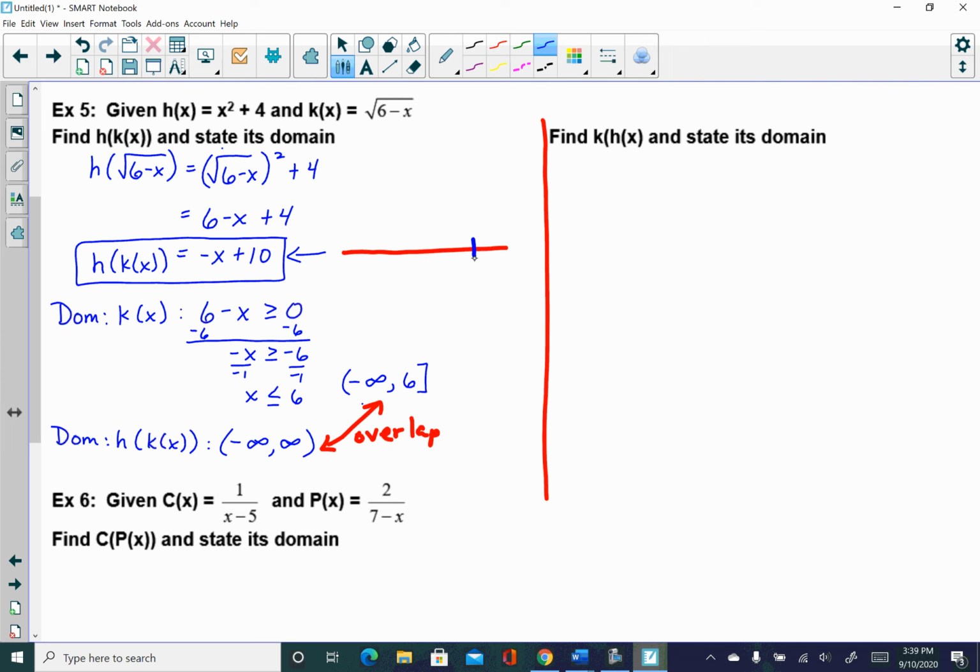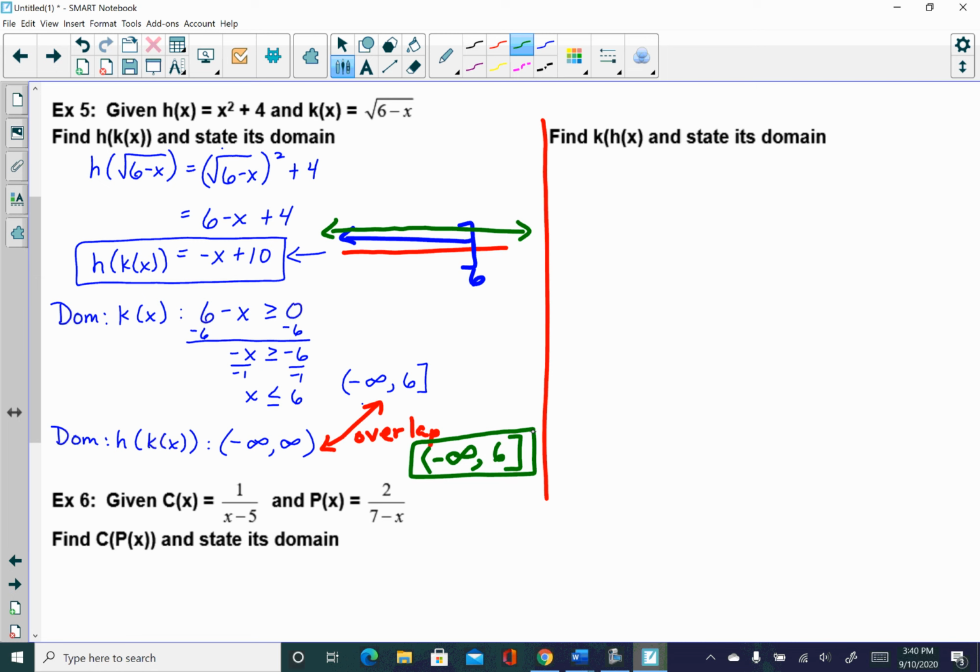If I put in my positive 6 and I have a bracket and I'm shading to the left, and then the other one is going from negative infinity to positive infinity, then I'm looking for where the blue and the green lines are on top of one another, and so that would have to be my overlapping, my final domain would have to be from negative infinity to 6, bracket. That would be your final domain there.